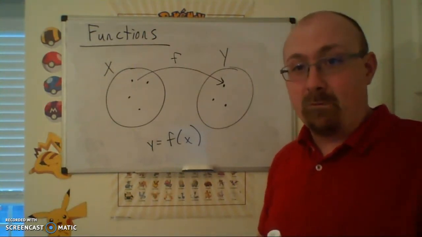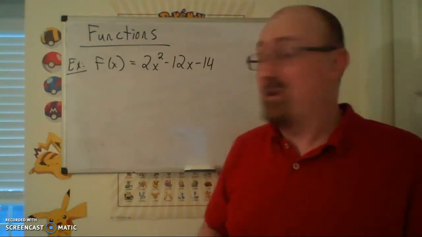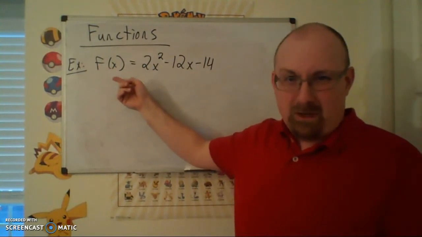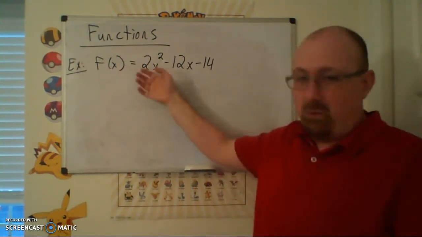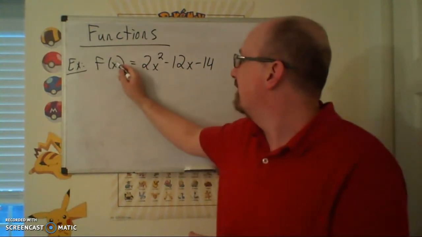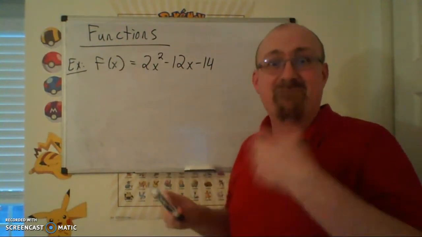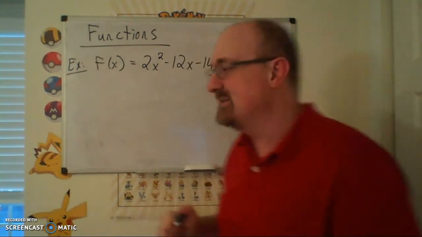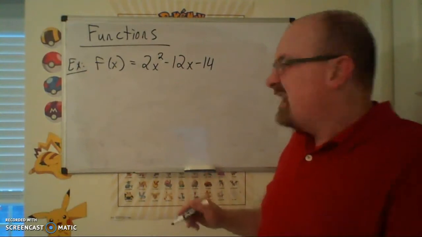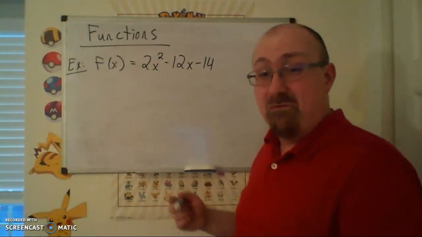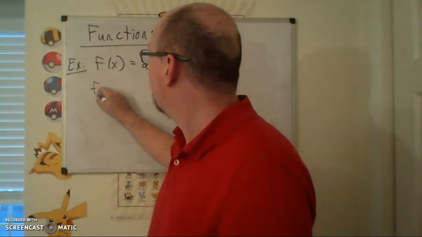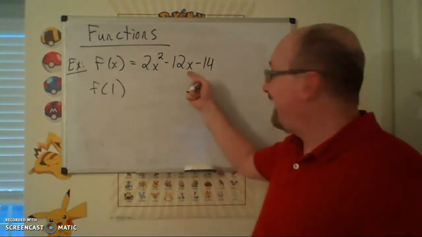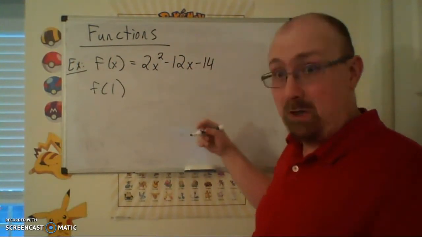So let's play around with a formula real quick. I wasn't kidding when I say I get maximum mileage out of my examples. You recall this from our last video where we had y equals this thing. Again, you'll often think of that y coordinate as being the value of the function. So the y and the f of x are often interchangeable in this sense. Anyway, if we wanted to evaluate this function for a given x value, for instance f of 1, then everywhere I see an x in this expression, I plug in the number 1.